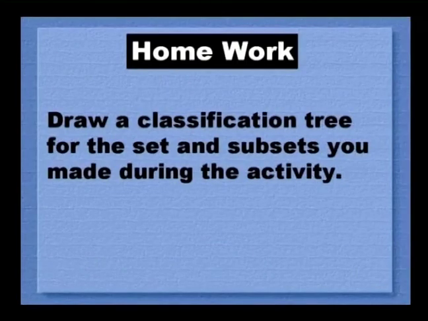Now you have homework. I'd like you to take note, and if you can get it copied quickly, receiving students as well as the class. You are to draw a classification tree for the set and subsets you made during this activity. Please copy that quickly.